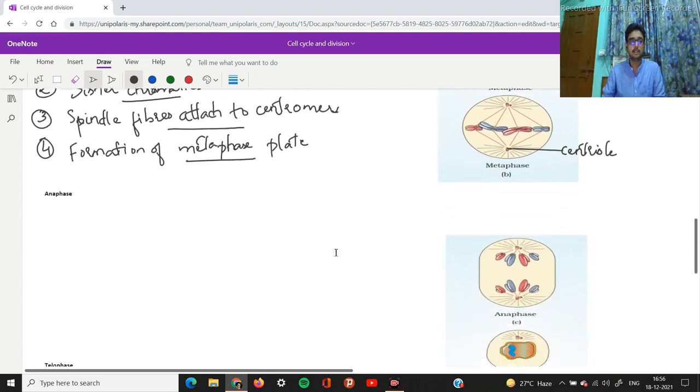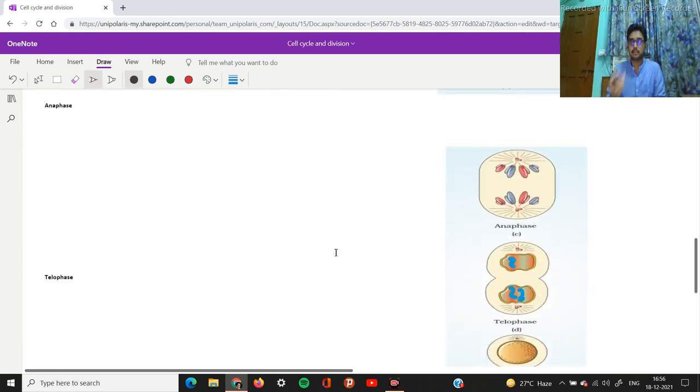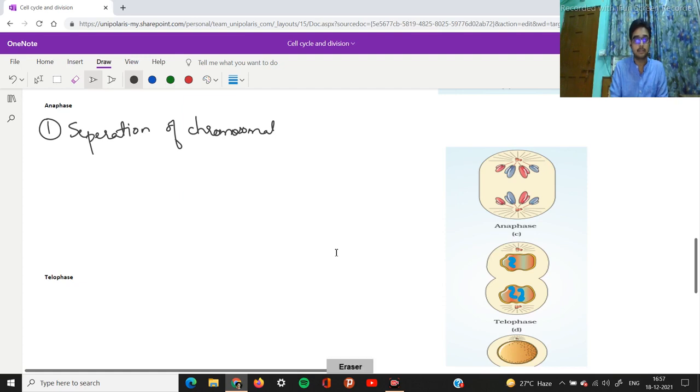Now this is where the chromosomes actually start separating. Each of the chromosomes will start separating, with each set of sister chromatids going to the opposite poles in anaphase. So anaphase is marked with separation of sister chromatids.